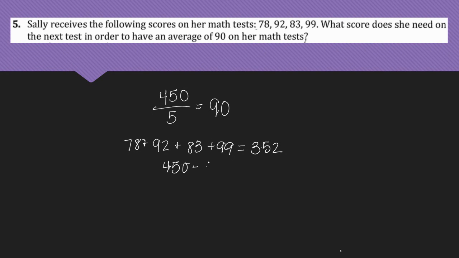Let's just subtract. And 450 minus 352 is 98. So Sally needs to get a 98 on her next test in order to have an average, or a grade really, because your grade is an average, of 90% on her tests.